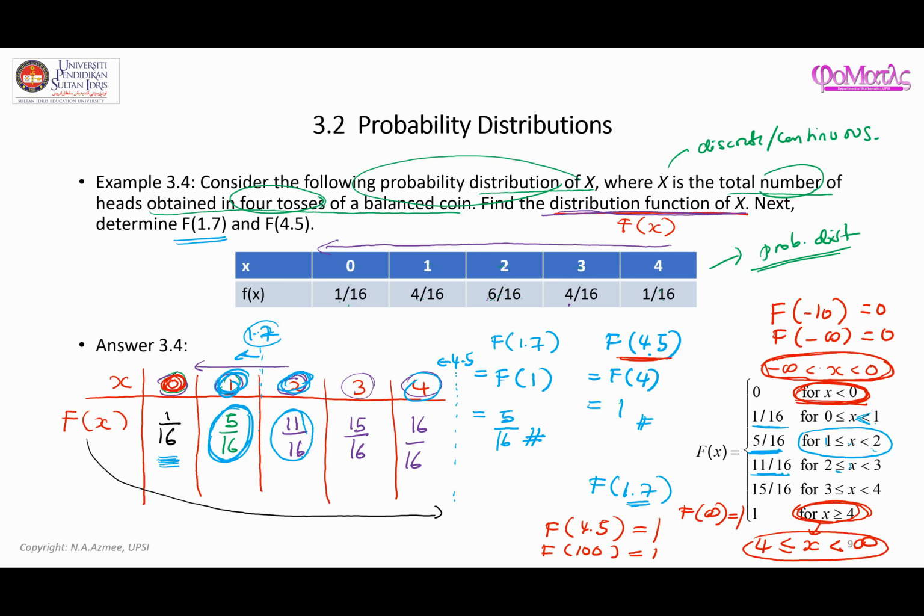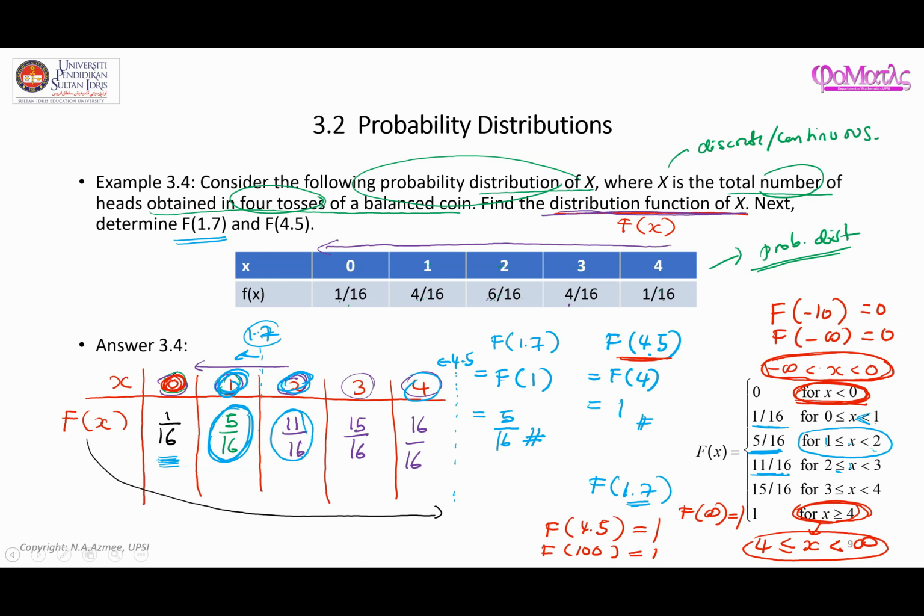Okay, let's move on to the next slide. Oh, hang on, before that, maybe we can try to represent the answer here using a graph. So how can we graph the distribution function of X?